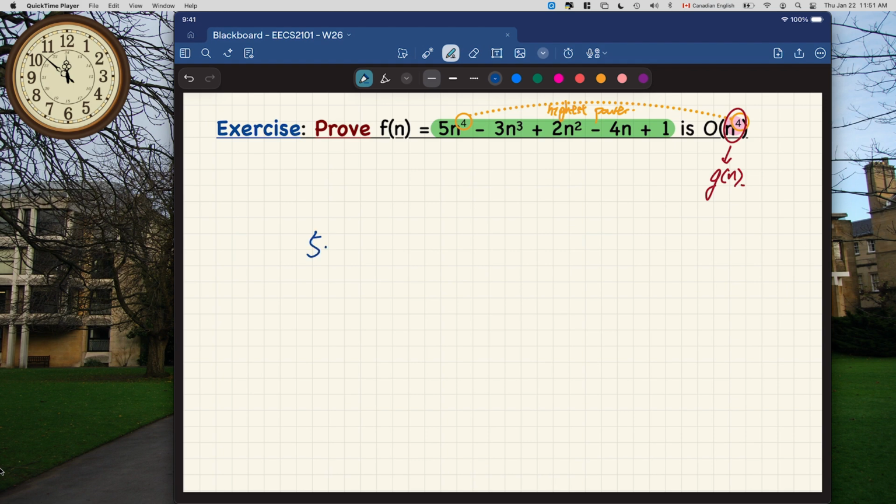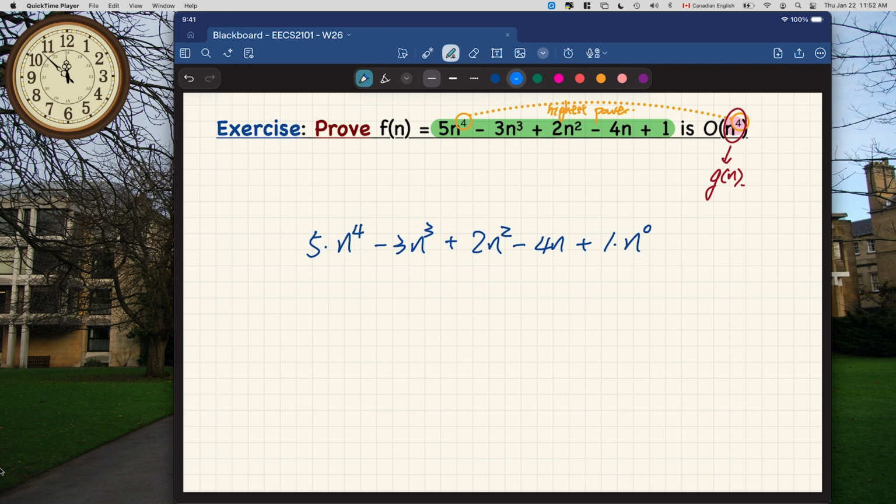So 5 times n to the power 4 minus 3n to the power 3 plus 2n squared minus 4n plus 1 times n to the power 0. Agree? N to the power 0 is simply 1. Sometimes explicitly writing n to the power 0 can help you identify some pattern. Not in this example specifically, but maybe for later.